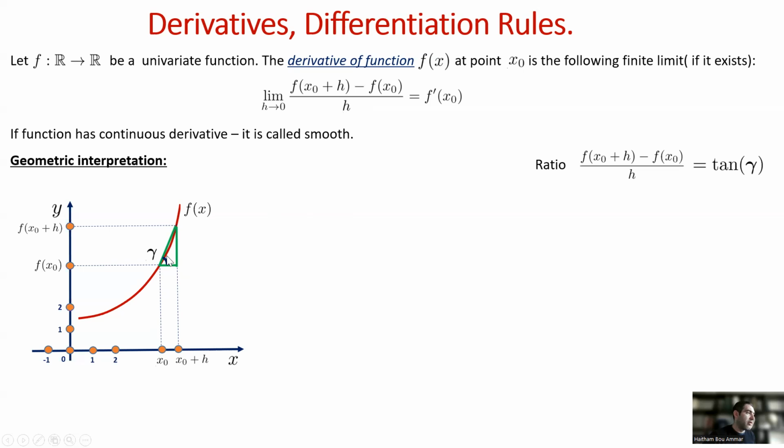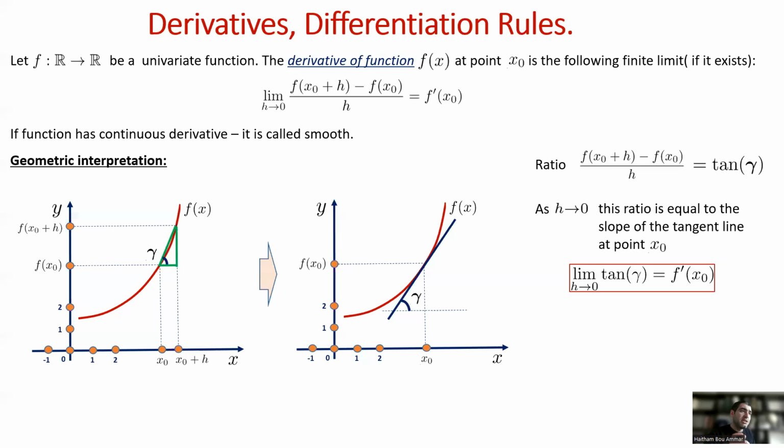So if you recall the trigonometry course in school, you know that in a right triangle, the ratio between this side and this side is called the tangent of this angle gamma. So basically, this ratio is nothing but the tangent of this slope angle gamma.